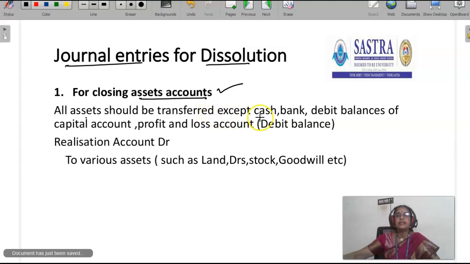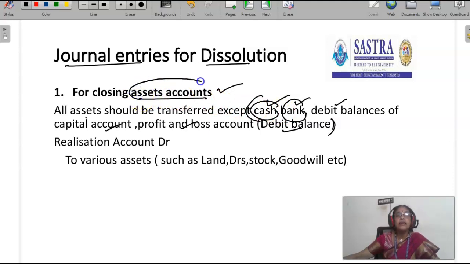All assets should be transferred to the realization account, except cash, bank, debit balances of capital account, and P&L account. We should not touch these while transferring the asset accounts to the realization account.